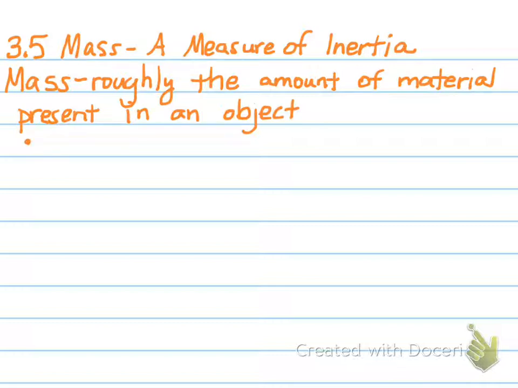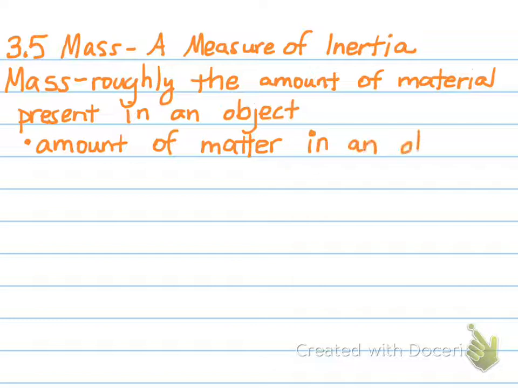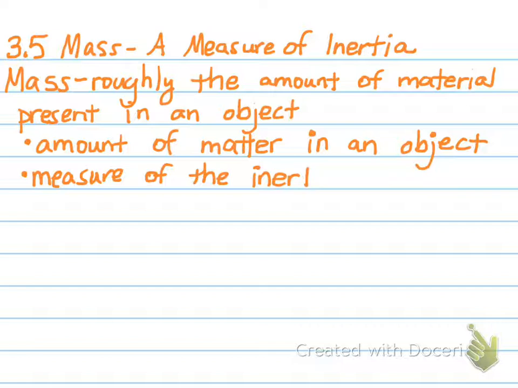Sort of the science definition of mass is that mass is the amount of matter in an object. And as we're talking about inertia as well, we can also say that mass is a measure of the inertia of an object.